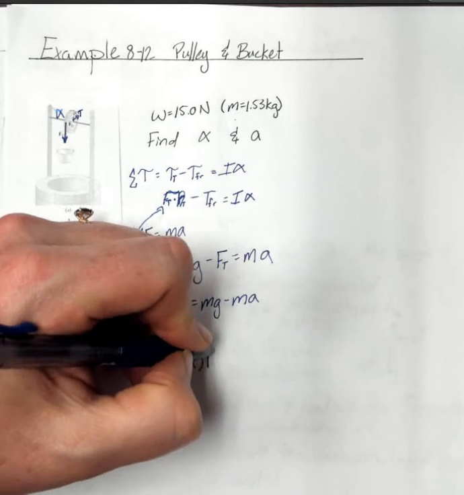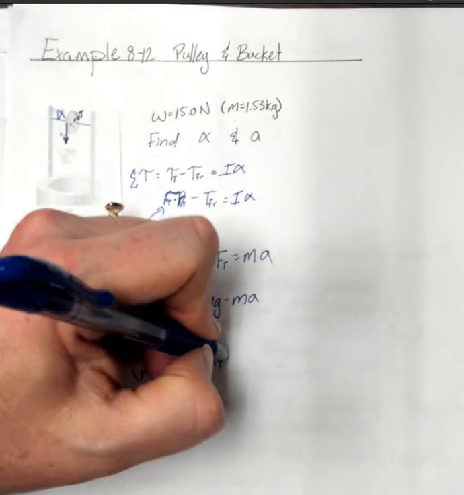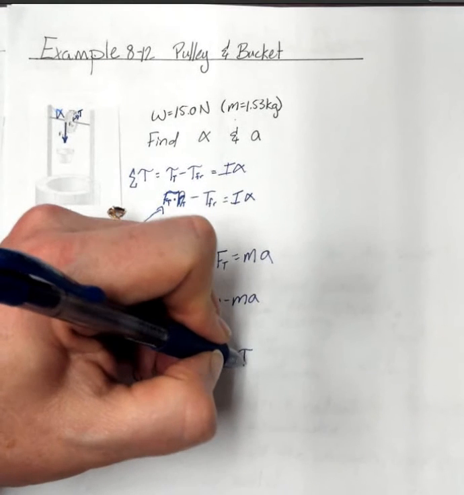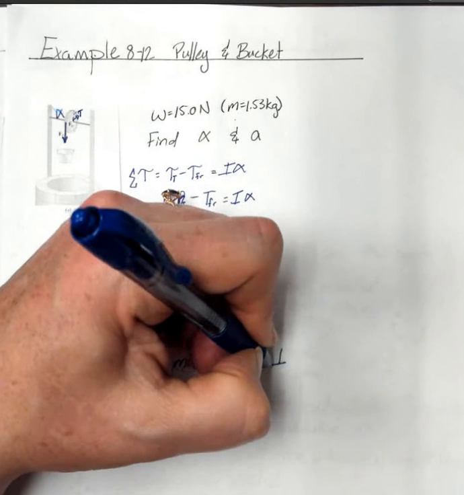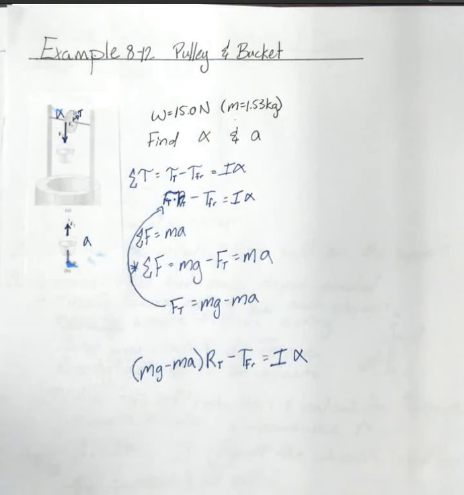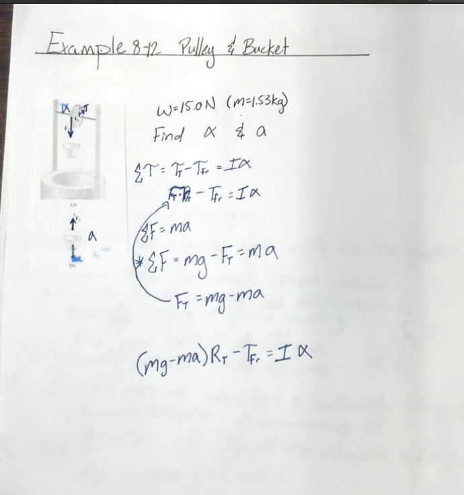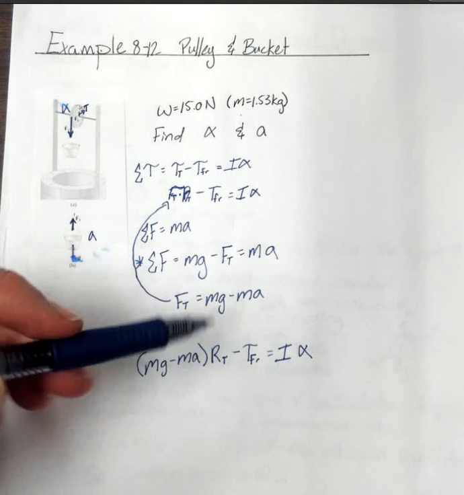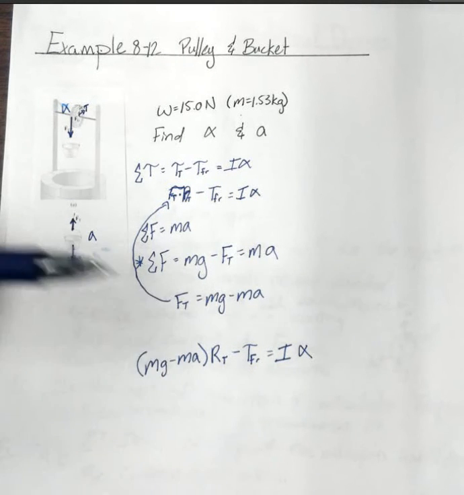I get mg minus ma, times the radius of the pulley, minus the torque of friction, will equal the moment of inertia times the rotational acceleration. Now, before you get too worried about the fact that you've got the mass of the bucket, the acceleration of the bucket, and a radius, there's a lot that we do know here.